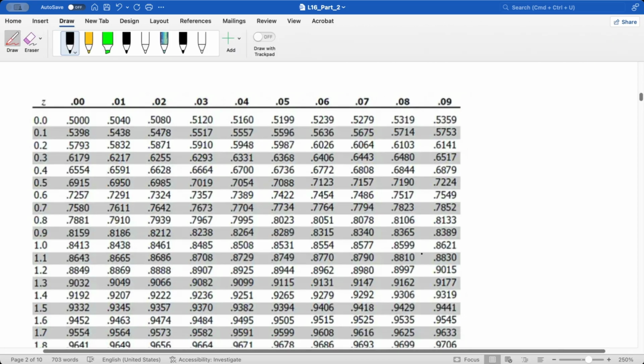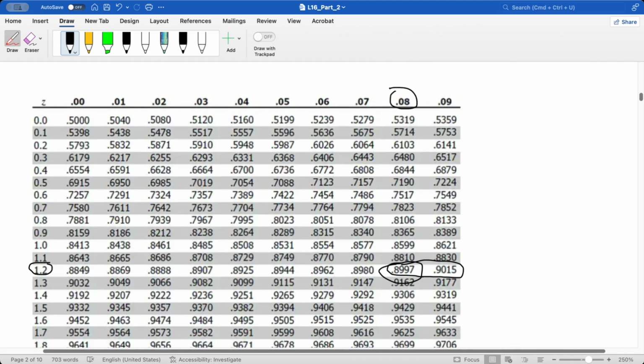0.900. And so it's a little bit tricky here because you have the 0.8997 and 0.9015. So usually in this situation, we just go with the closer one, which is the 0.8997. We read off the row it's in. It's 1.2. The column is 08.